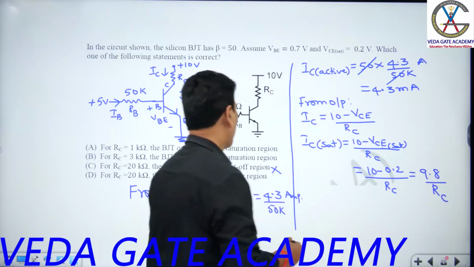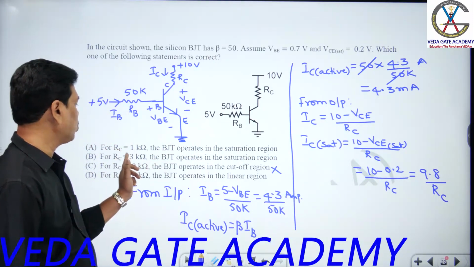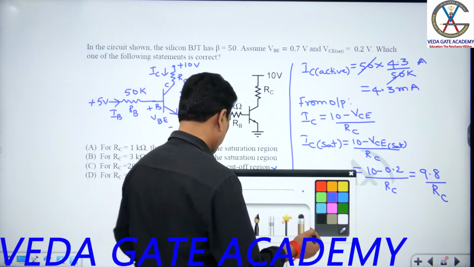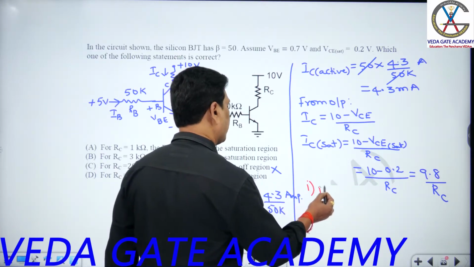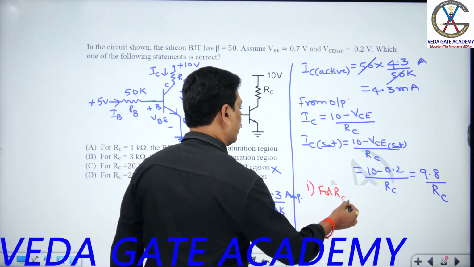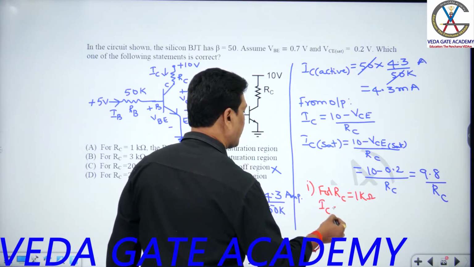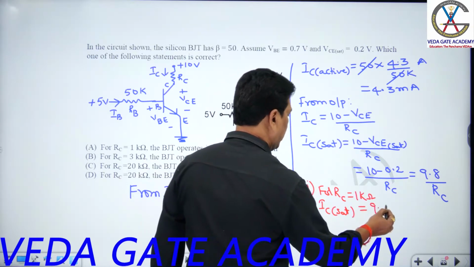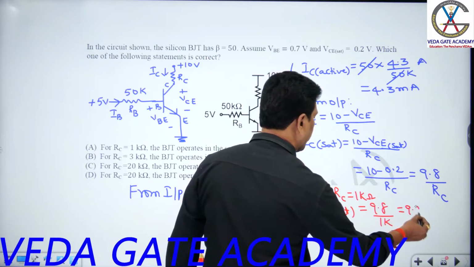So one by one, I can apply the options to find which mode it is. First option, case 1, RC equal to 1 kilo ohm. IC saturation equals 9.8 by 1K, that is 9.8 milliampere.